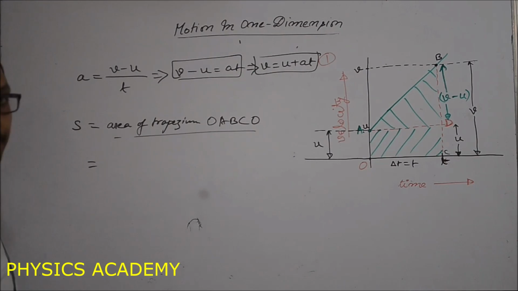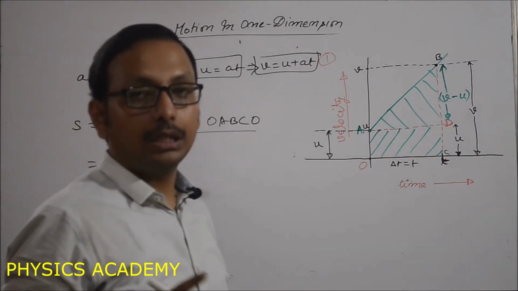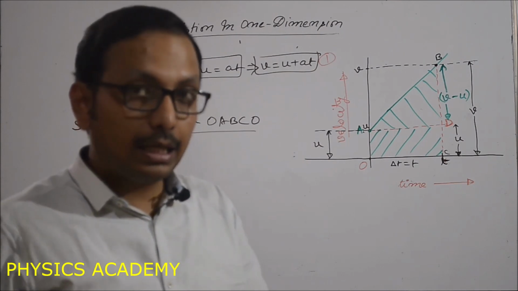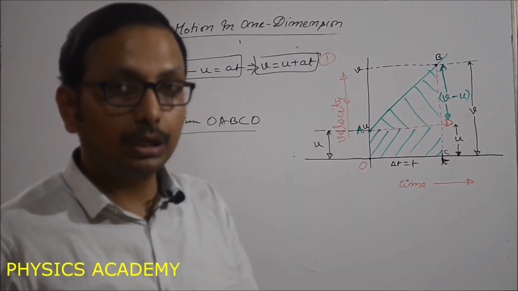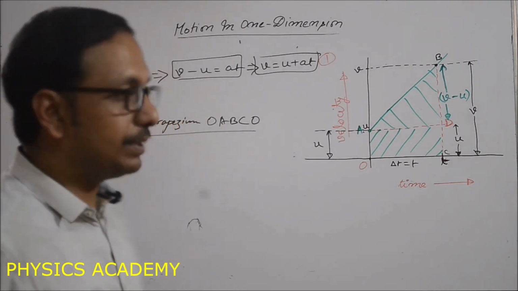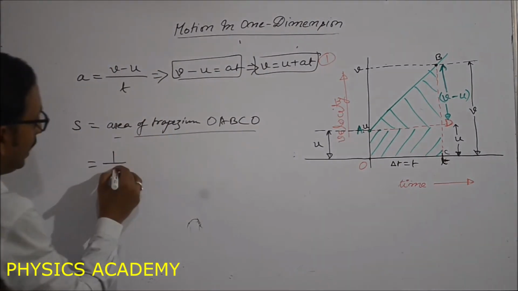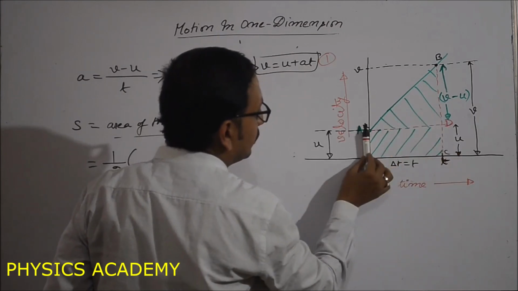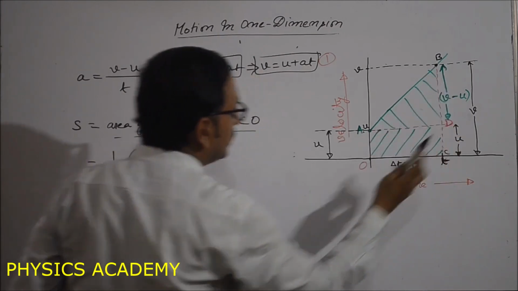Now the formula of a trapezium: half into the summation of the parallel sides into the height of the trapezium. These and these are the parallel sides, OA and CB.